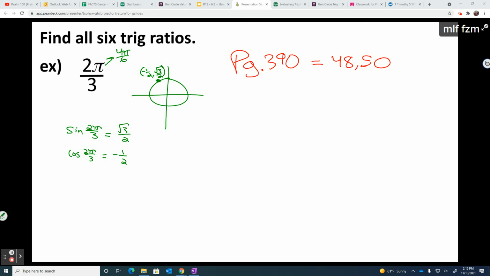And then we'll do tangent. So that's going to be radical 3 over 2 over negative a half. It's the sine over the cosine. And then we have to do our keep change flip. Radical 3 over 2 times negative 2 over 1. Twos cancel, so it just gives us negative radical 3.